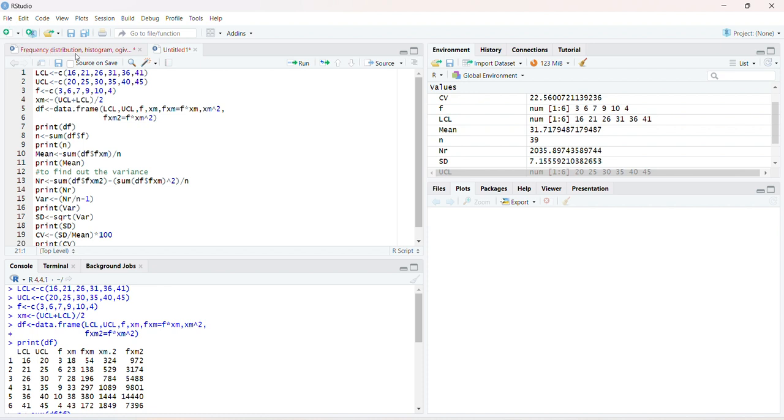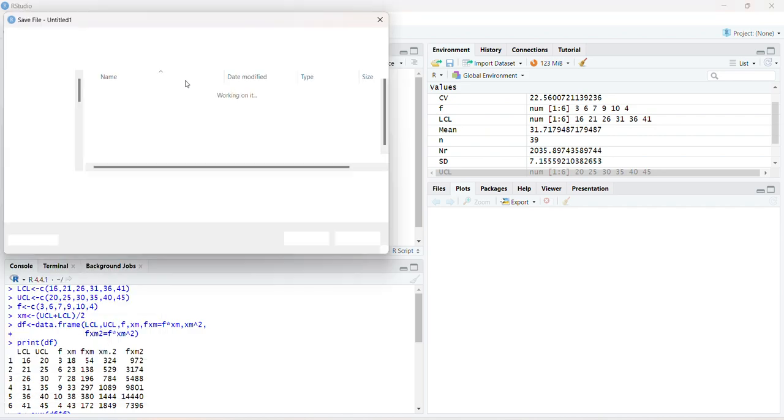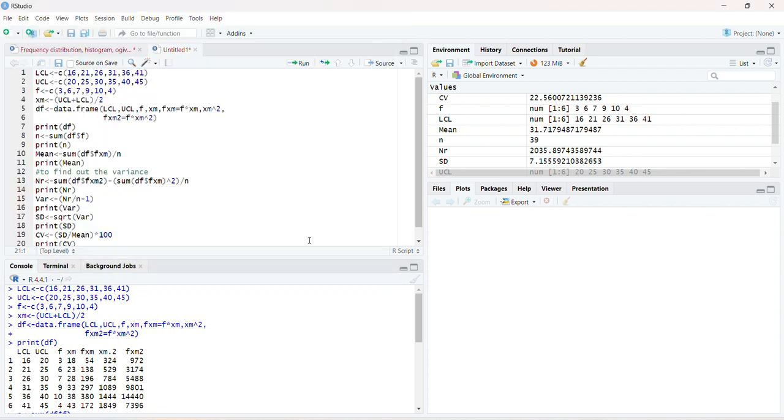In the last class, I saved the frequency distribution, histogram and OGIVE. Now I save this as finding out the mean, variance, standard deviation, and the CV, coefficient of variance. So these are the commands you have.